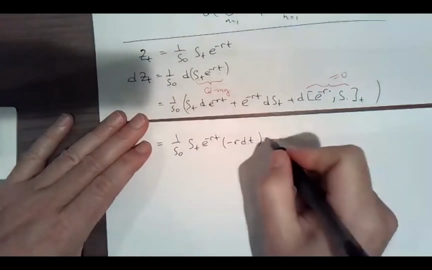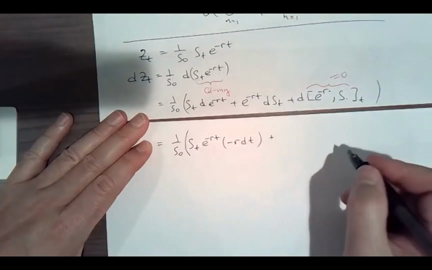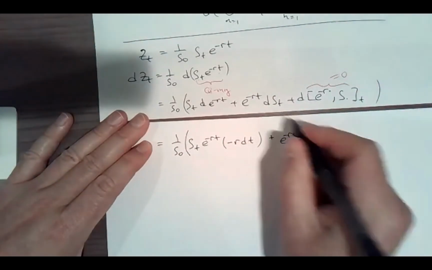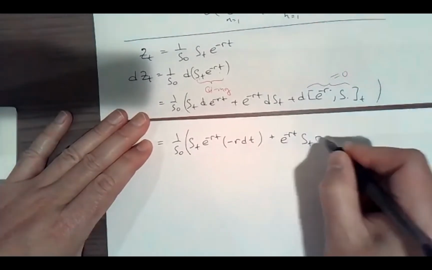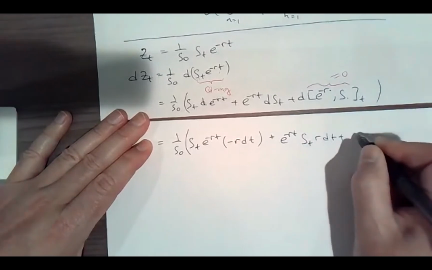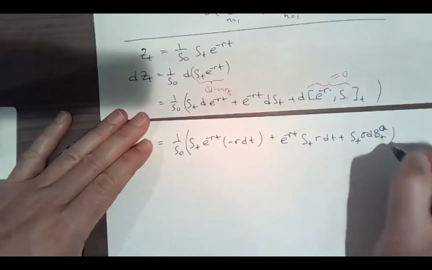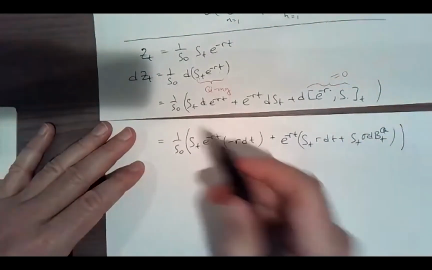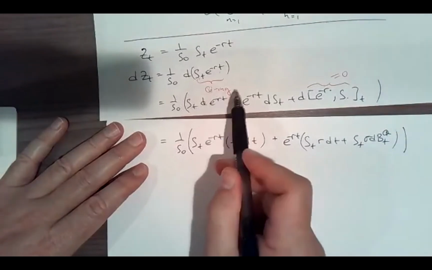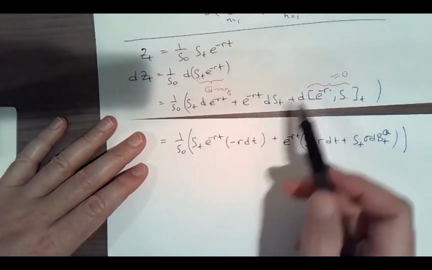That was the first term. And then this one here will be e to the minus rt, and then you plug in the dynamics of S. That will be St r dt plus St sigma dBt^Q. And you know this is going to be a martingale, right? Because the discounted stock price is a martingale. So the dt terms must cancel out.